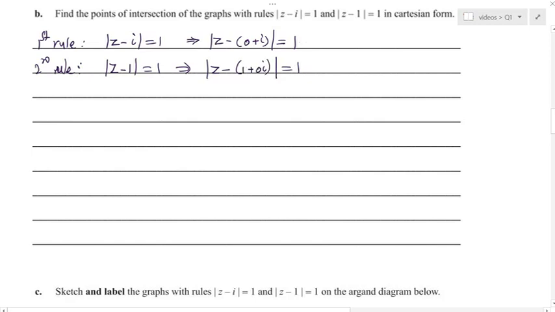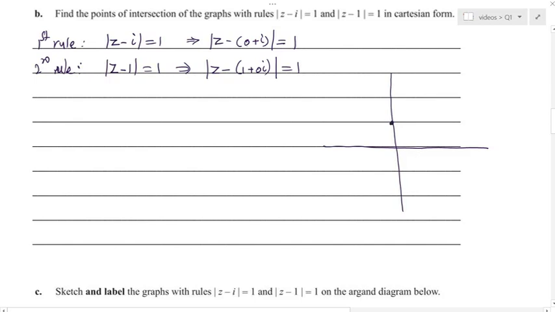It says that z is always a distance of 1 unit from the point 0, 1, and the z is always 1 unit away from the point 1, 0. If I want to show these two points, I can show them here. The first rule says this is my 0, 1, or call it vector iota.